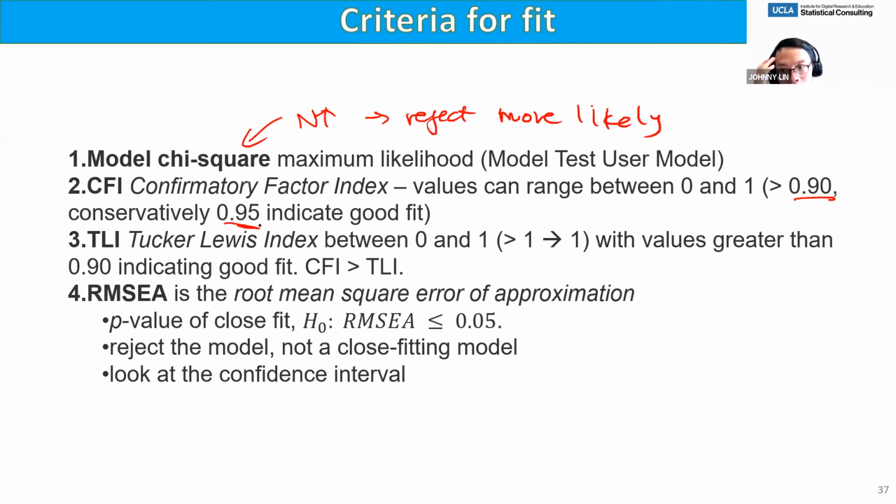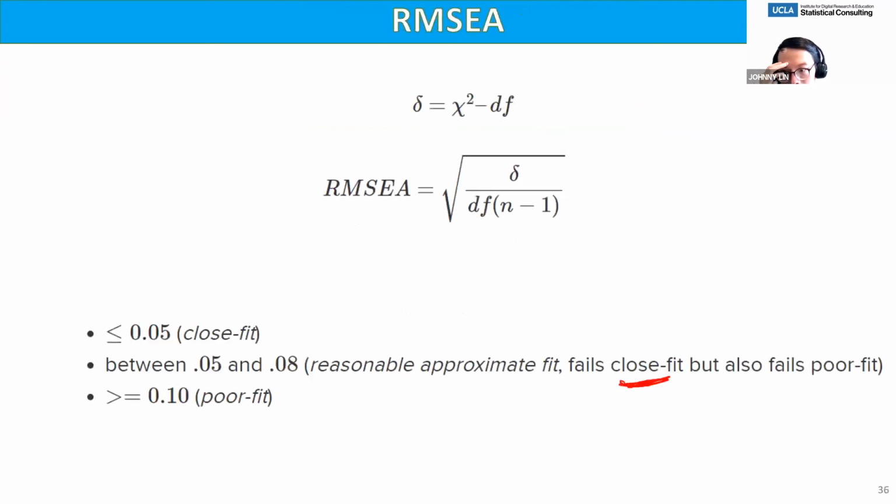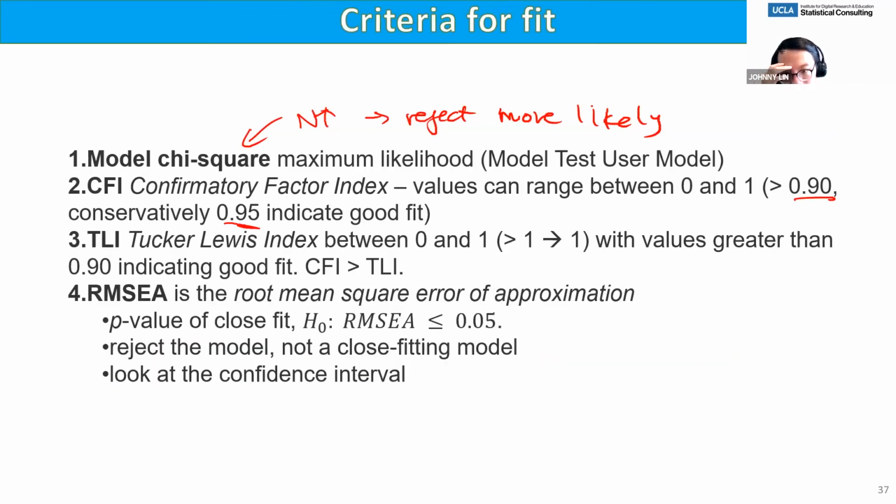Usually you want the CFI to be 0.95. TLI can be a little lower, around 0.9. The CFI is always going to be bigger than the TLI. And then the RMSEA, you want it to be less than or equal to 0.05 for close fit. But honestly, I see a lot of people accept approximately close fit. So between 0.05 and 0.08 is okay.